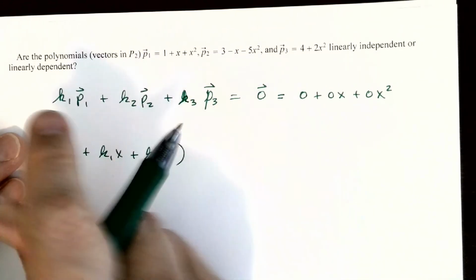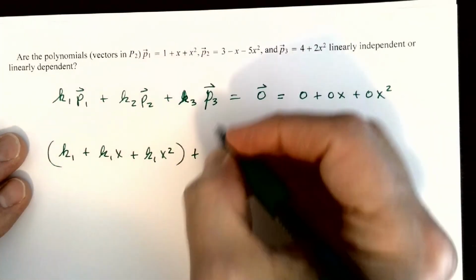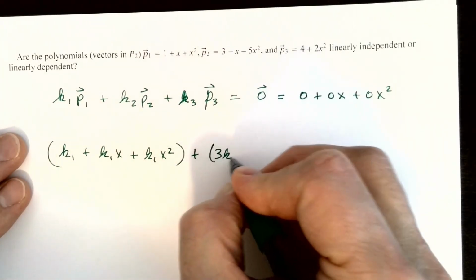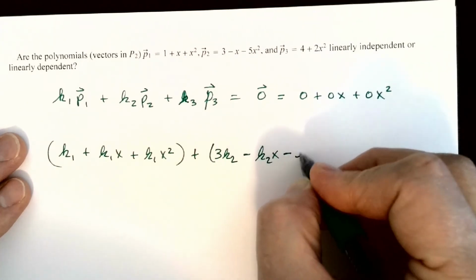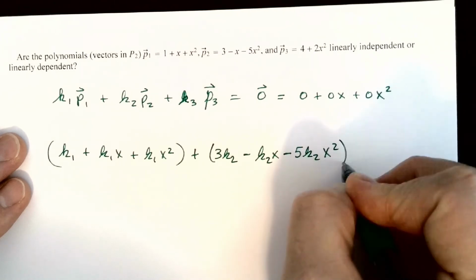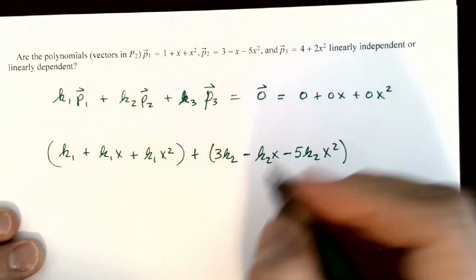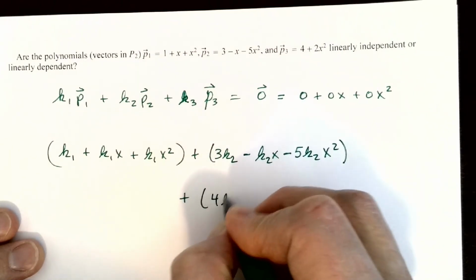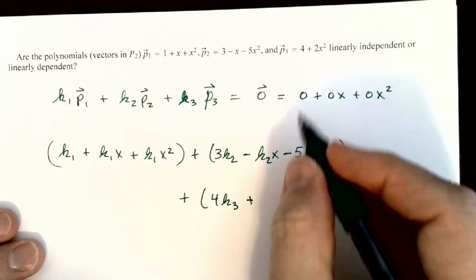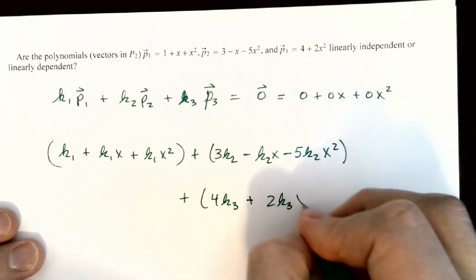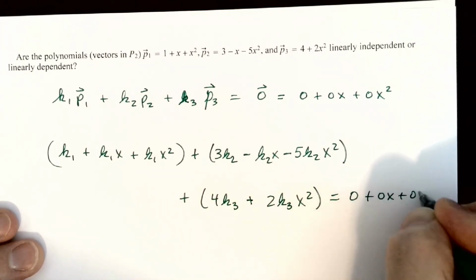Then k2 times P2: 3k2 minus k2x minus 5k2x squared. And then plus k3 times P3: 4k3 plus 2k3x squared. And that equals, again, 0 plus 0x plus 0x squared.